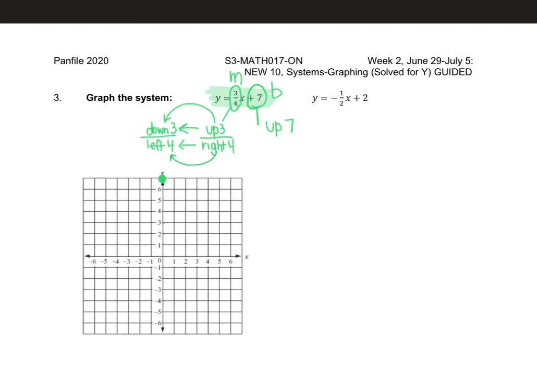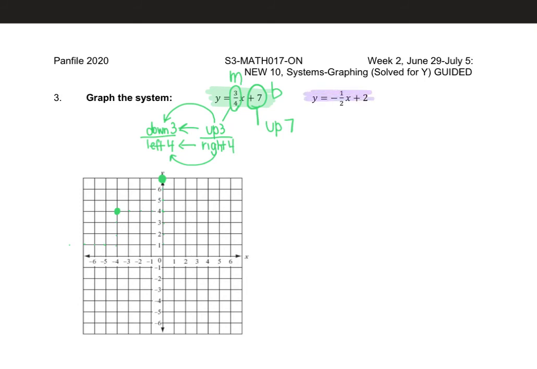So if I go down 3, 1, 2, 3, then I have to go left 4. 1, 2, 3, 4. See if you can fit another point. If you can't, you can't. So 1, 2, 3, 1, 2, 3. I can't, so I'm done. Now let's do the other one.